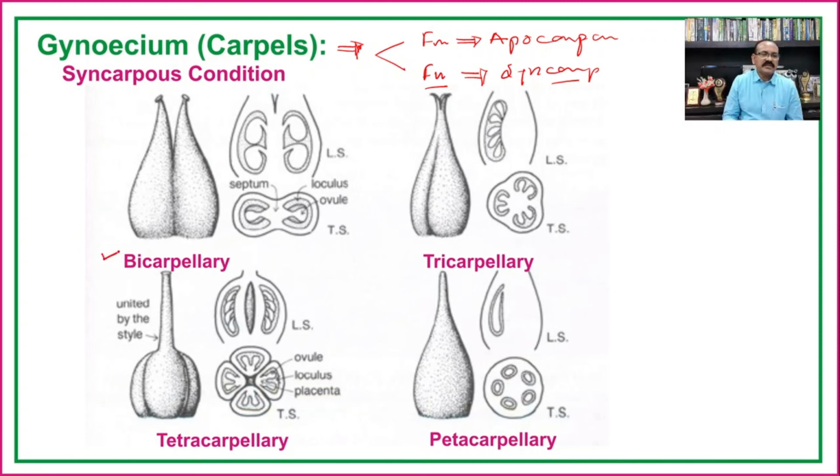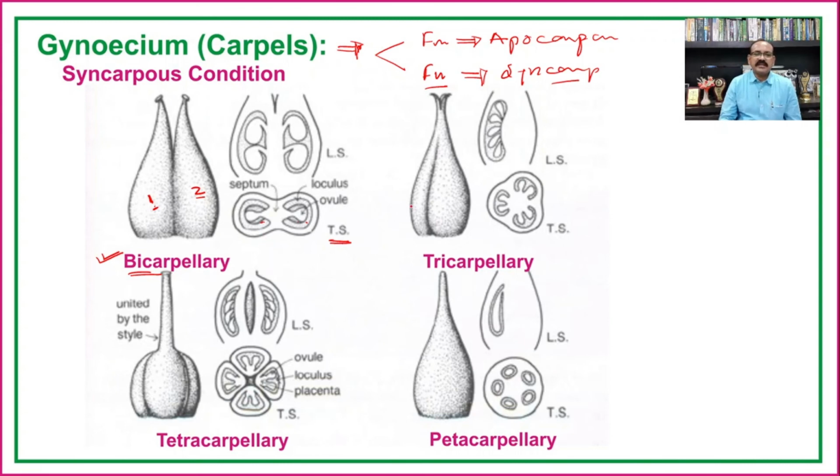In these figures, there is a bicarpellary condition, meaning this is one carpel and this is the second carpel, and both these carpels are fused with each other. If we see the TS of the ovary, we see the presence of two carpels.